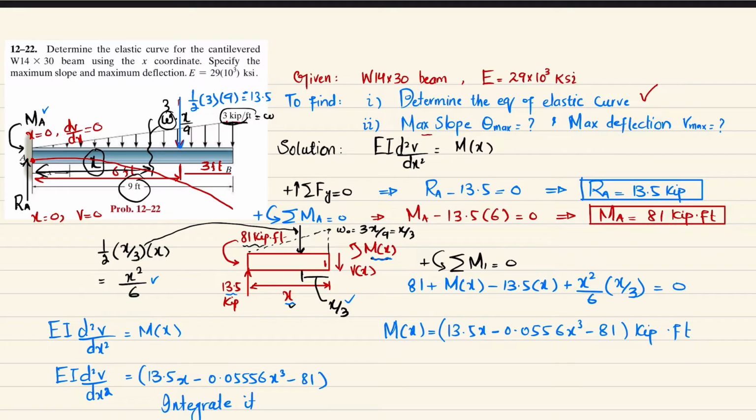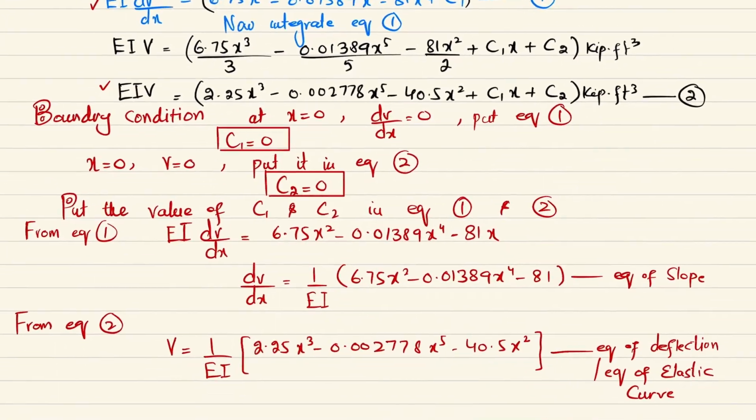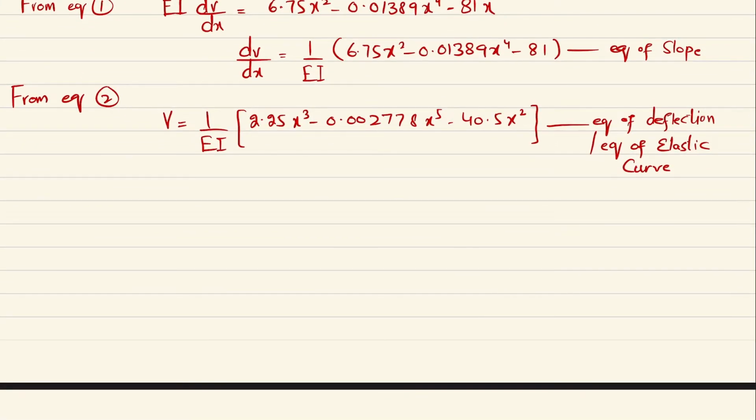Now we will move toward maximum slope and maximum deflection. So from here you can see that this beam will bend like this, so we will have a maximum deflection, which is Vmax at x is equal to 9, and here we have maximum slope as well. So you have to put x is equal to 9 in the equation for finding slope.